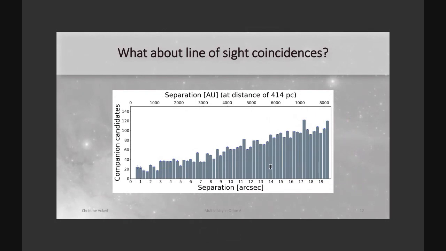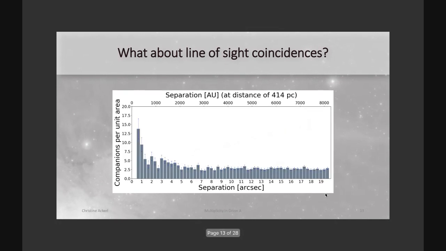So how do we find out the number of companions now? Of course, we also have to take care of the line of sight coincidences. So if you plot just the number of companion candidates versus the separation in arcseconds, and then divide them by the area, you can see that there is this flat region here where apparently the background contamination, or the number of companions, stays constant.